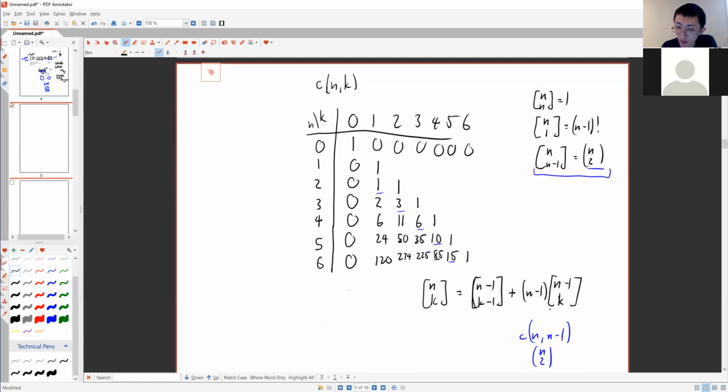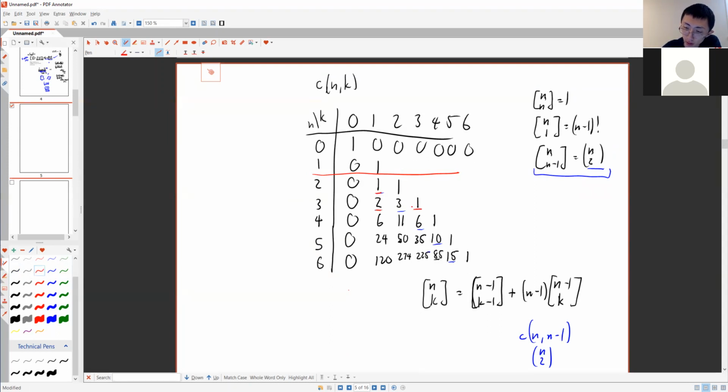Okay, so if we look at, yeah, so one thing we can notice is if I add up all the even terms in each row, starting at the second row, it's equal to the sum of all the odd terms.